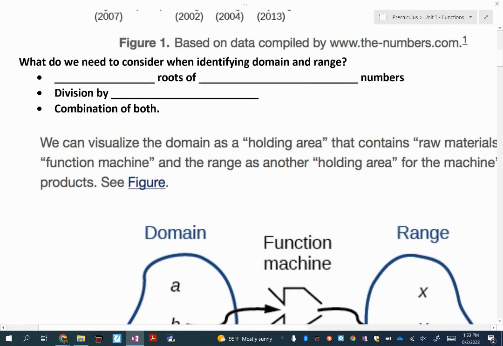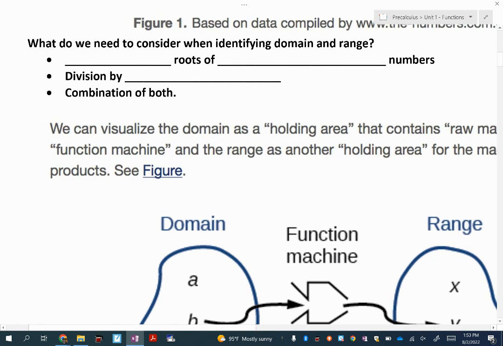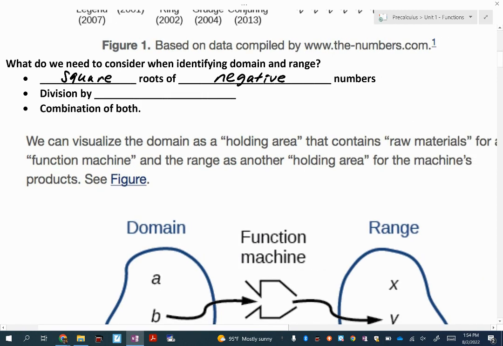Now, a couple of things to think about before we get into identifying domain and range by just looking at the function and also by looking at graphs is that you want to be aware or wary of a couple of things. You want to worry about anytime you see square roots in your function that you're not taking the square roots of negative numbers, because as you learned last year, if you take square roots of negative numbers, that will lead to what we call imaginary numbers.